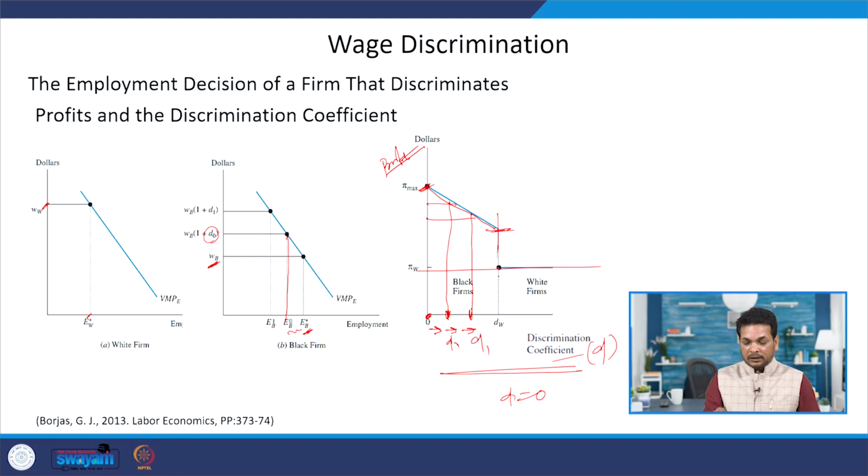So, up to this point, the farm is employing some black workers. It is a discriminating farm trying to minimize contact, but it still employs some amount of black workers. But after a threshold level of discrimination, the farm becomes completely white. All the workforce in the farm is white.